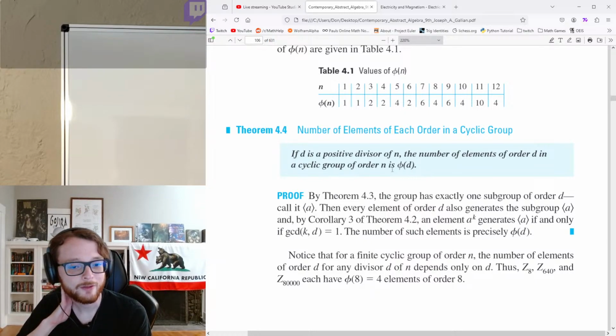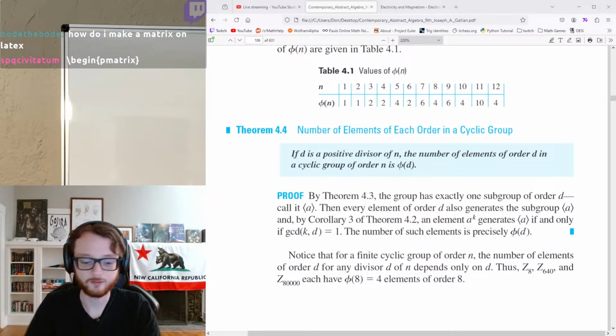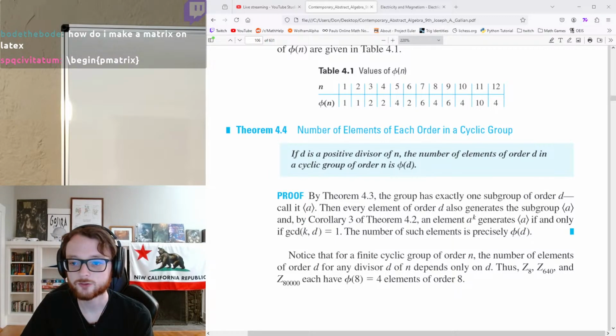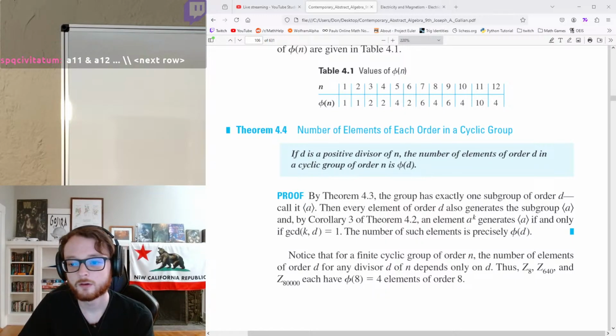How do you make a matrix in LaTeX? That's a good question. Let me see if my cheat sheet has it. Like, how do the actual entries go? I have a LaTeX cheat sheet that comes with the bot in Discord.